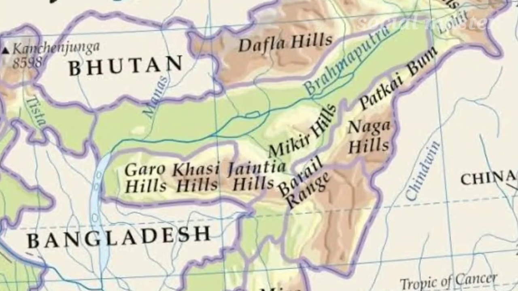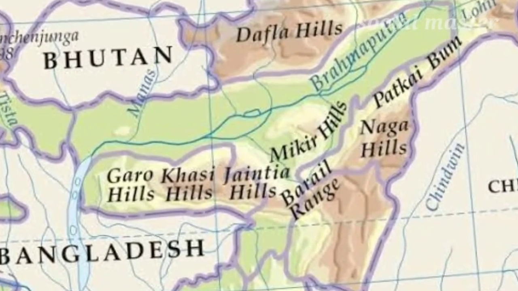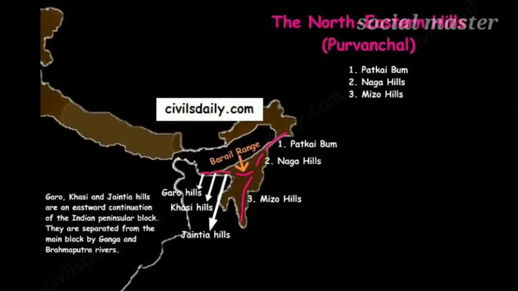In Arunachal Pradesh, beyond the Dihang Valley, the Himalayas take a hairpin bend to the south. This river acts as the eastern boundary of India and runs through the northeastern states. These divisions are known as Purvanchal.